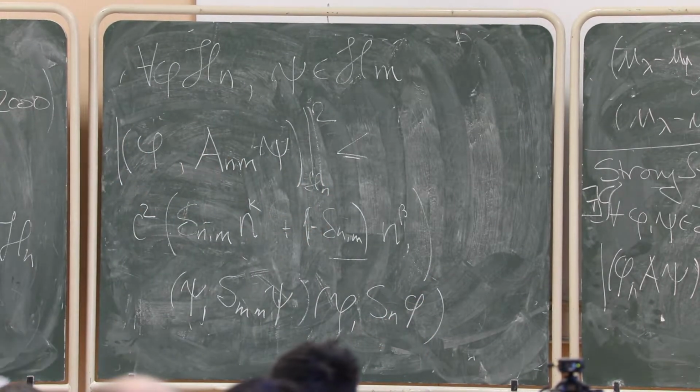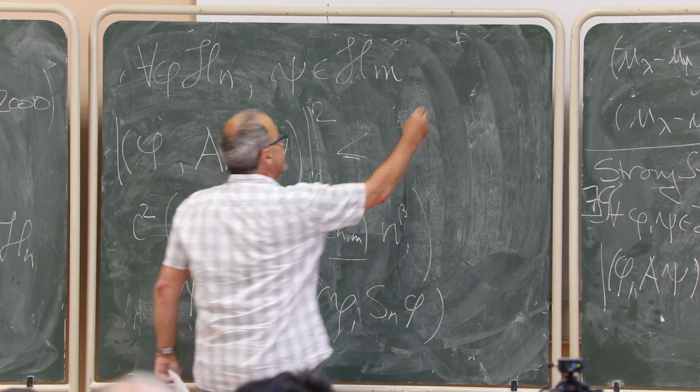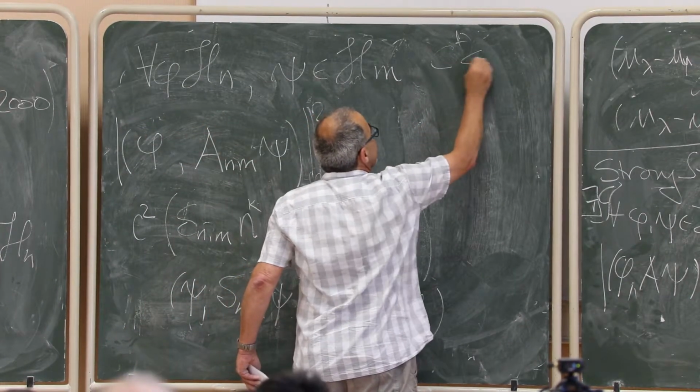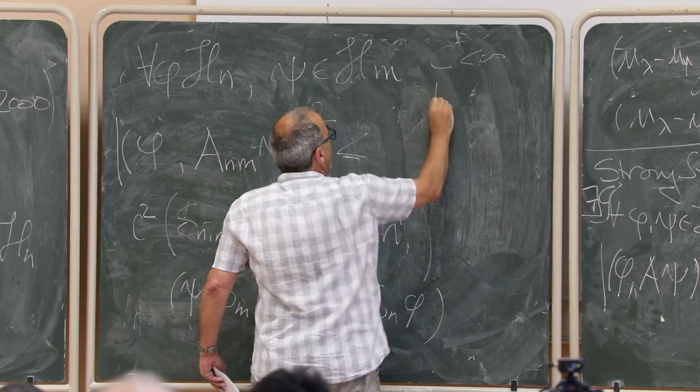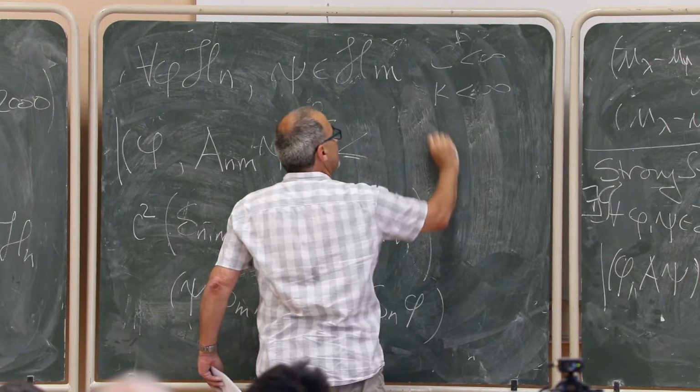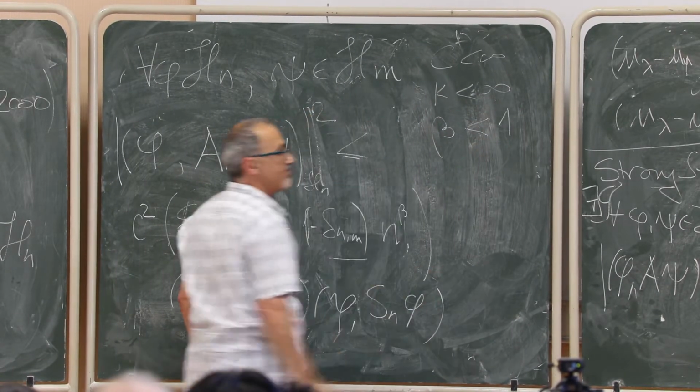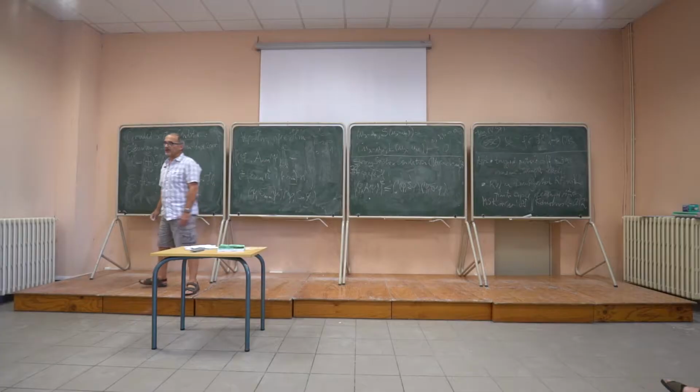It looks crazy. I didn't say what the c is, a general constant. Kappa is whatever finite, and beta must be less than 1. That's very important. Beta must be less than 1.